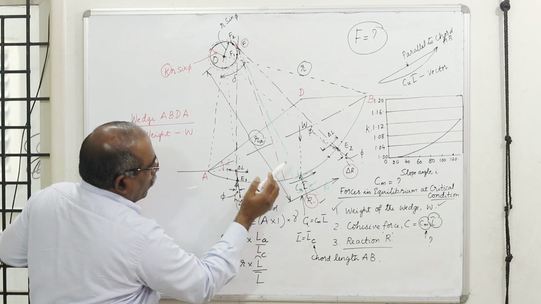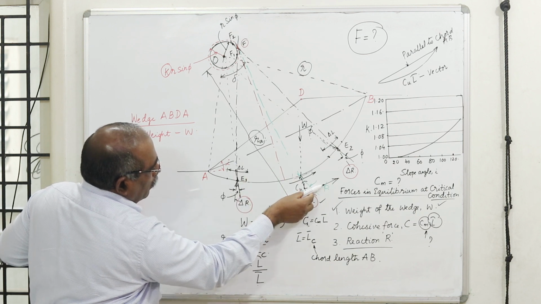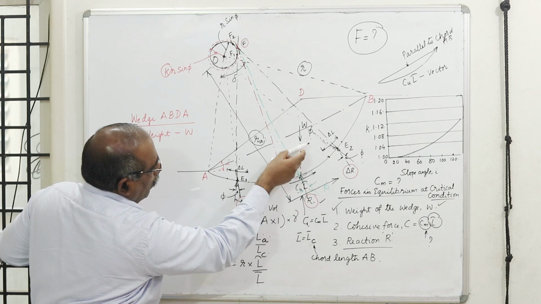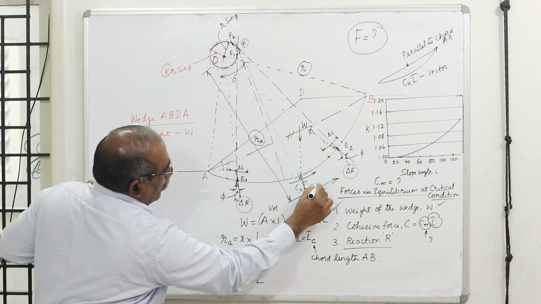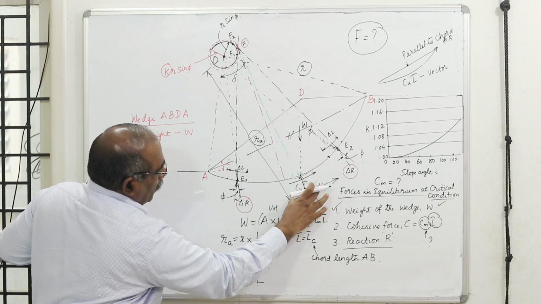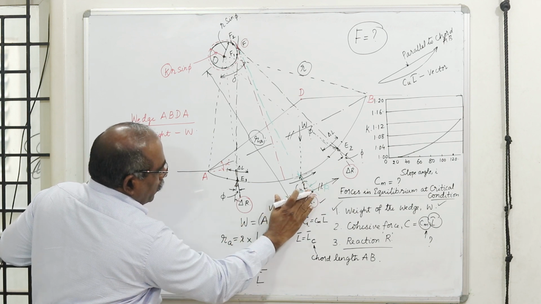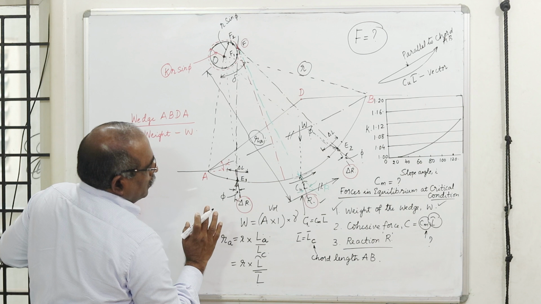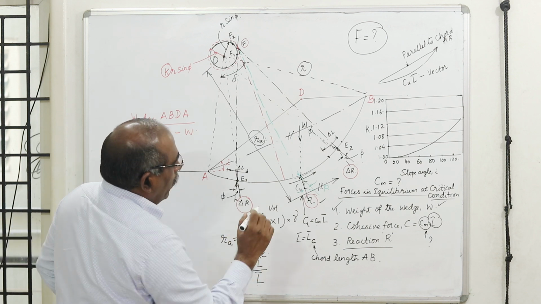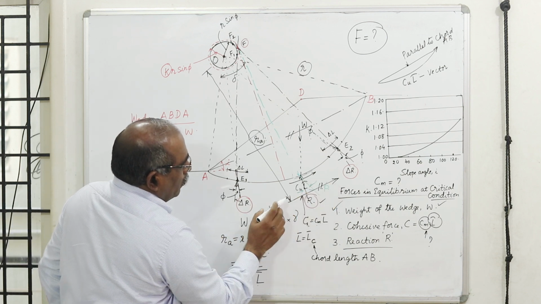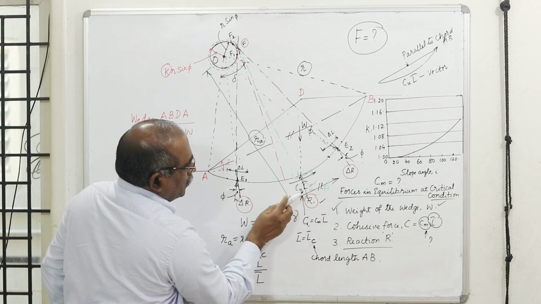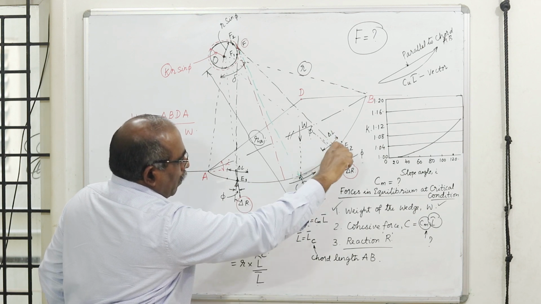Therefore, I am drawing a line which is parallel to this chord. These two are parallel. I am getting a cohesive force such that this cohesive force is equal to this cohesive force. Now I have got the direction of the cohesive force, which is upward, in the opposite direction of the movement of the slip arc.